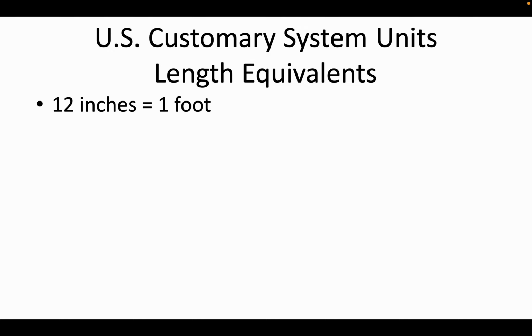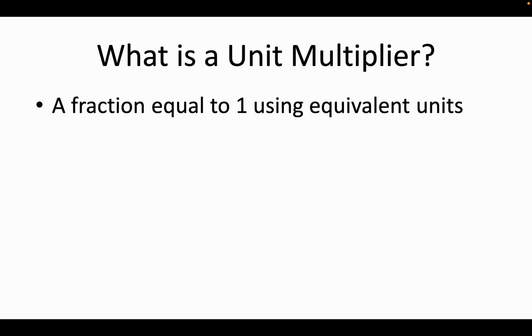So what is a unit multiplier? Well, a unit multiplier is a fraction which is equal to 1 using equivalent units. For example, when we multiply anything by the number 1, we just end up with the same number that we started with, right? So like 5 times 1 equals 5.